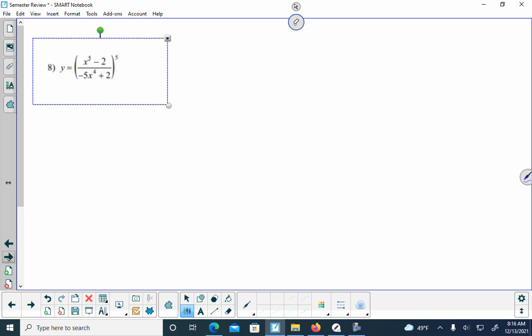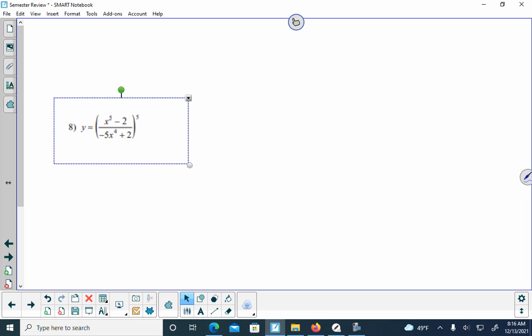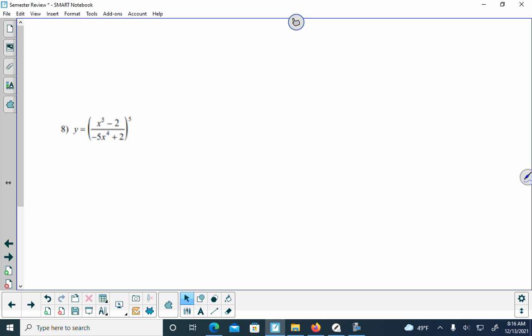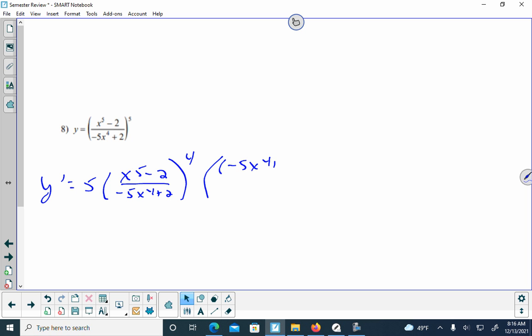Here I have the chain rule, and I'm going to have to take the derivative of something being raised to the 5th power and then use the quotient rule. So when I do this, I am going to take something raised to the 5th power, so that'll be 5 times whatever that is. Reduce that power by 1, so now I'm going to reduce this to the 4th power. Then take the derivative of what's inside, so I'm going to leave the denominator alone.